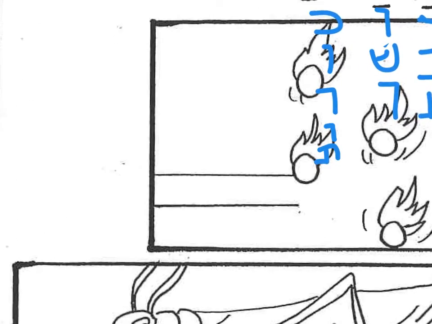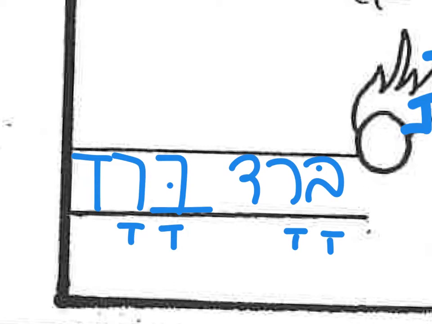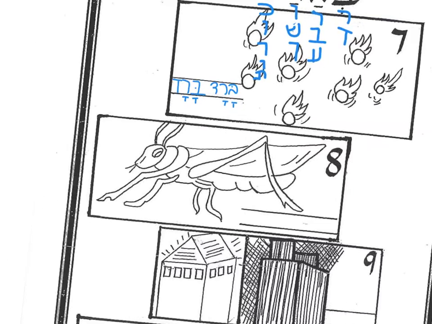So by the number 7, you're going to write Barad, hail. Okay, now if you don't know how to write cursive yet, you can write Barad. Barad, hail. By number 8, you're going to write Arbeh.